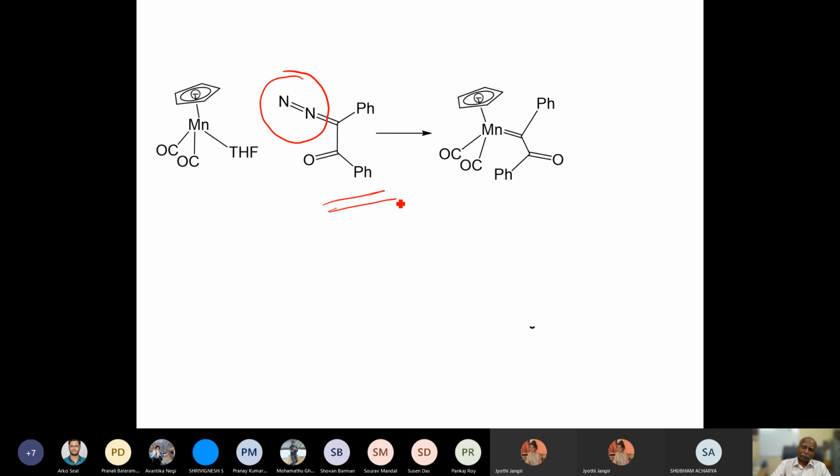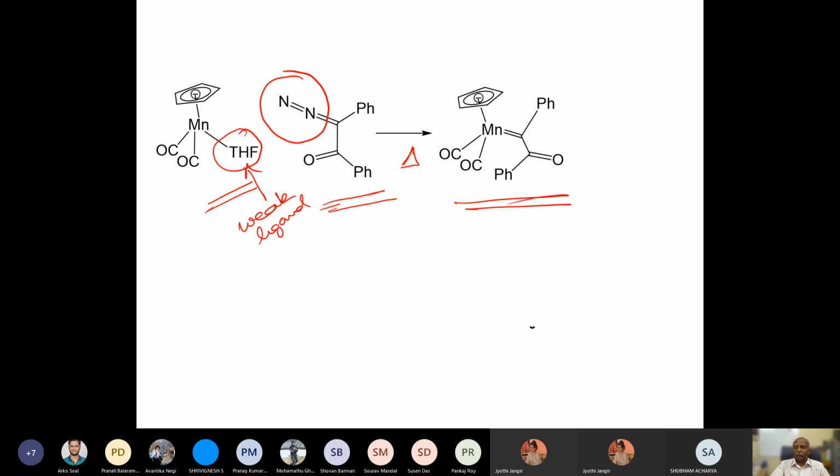The diazo compound is stabilized by the positioning of a CO group in the adjacent carbon, and it leads to a stable system which can be heated in the presence of a metal system which has been primed. This THF is a weak donor, a weak ligand. If you heat it, the dinitrogen leaves, the THF is in equilibrium with the coordinated species, and it forms the carbene complex. Okay. So this is one way in which you can make it.